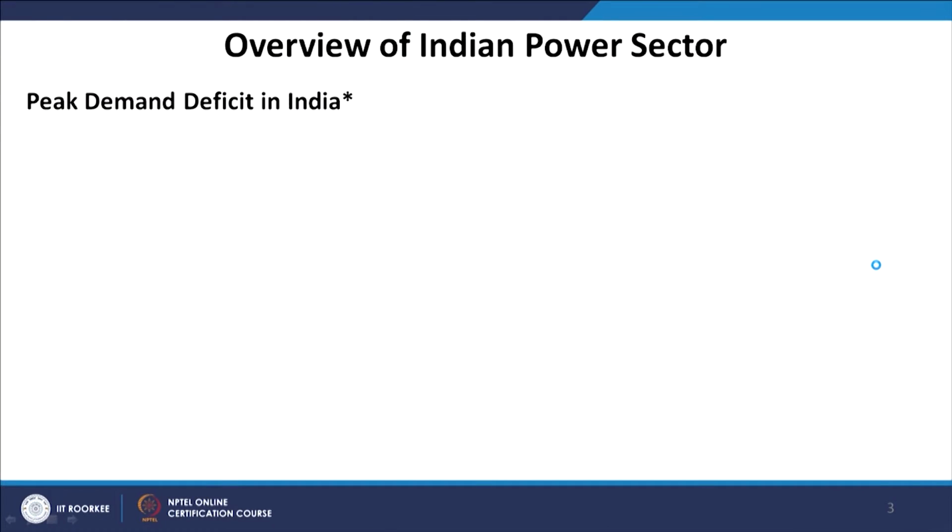Now, moving further, what is the peak demand deficit in India? Especially in India, we all know that the generation is close to 330 gigawatt, and the peak demand is approximately 160 gigawatt, and still we are not able to meet that 160 gigawatt all the time, because there is a minor 1 to 2% peak demand deficit that a country like ours experiences. Most developing countries, I am very sure, may be facing this common challenge.